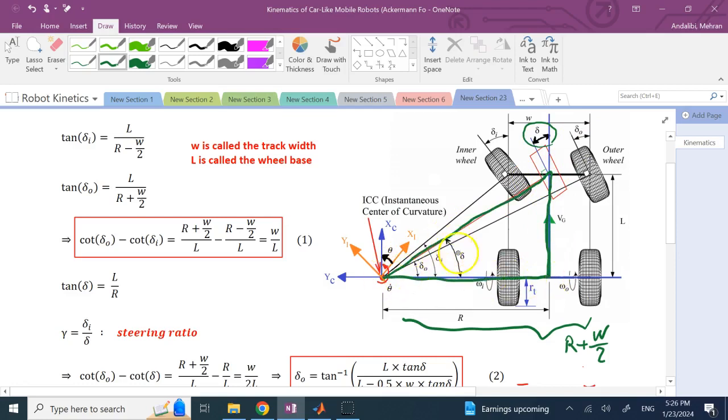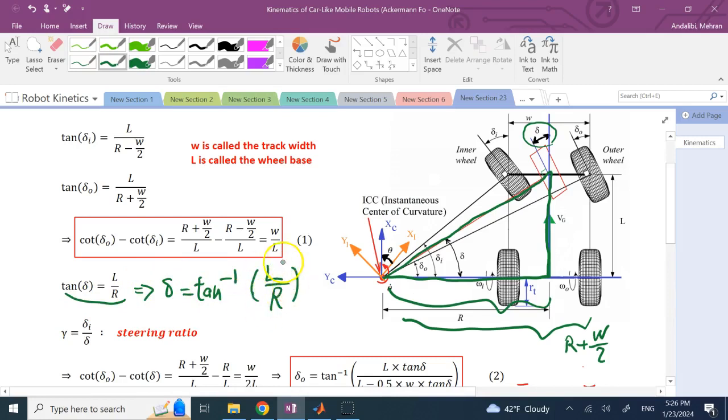This time, the tangent of delta is simply L over R, because this distance is simply R. So from here, how much command do you need? Delta is tangent inverse of L over R. So if I know the length of my car, the wheelbase, and I know what radius I'm going to turn on, this radius is the radius of the turn, the traffic circle, whatever it is.